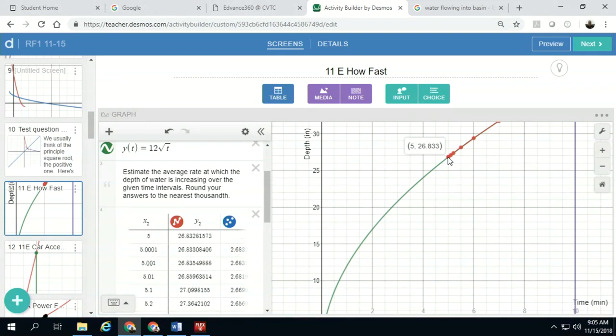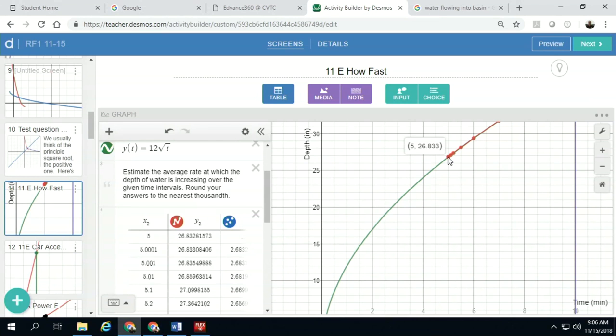Page 170. Now they say they want to know for the time interval where you go T0 to T1, what is the average rate of change.